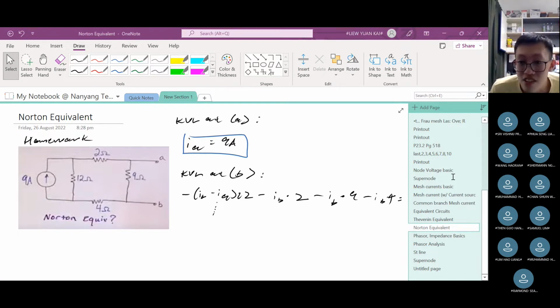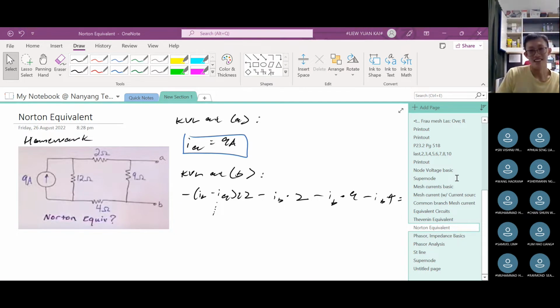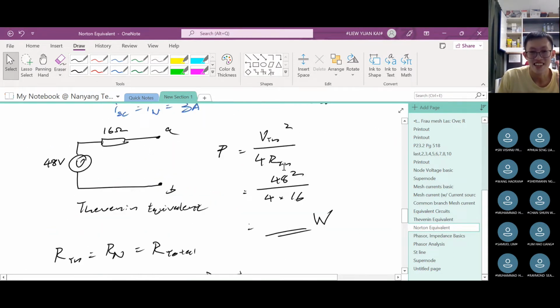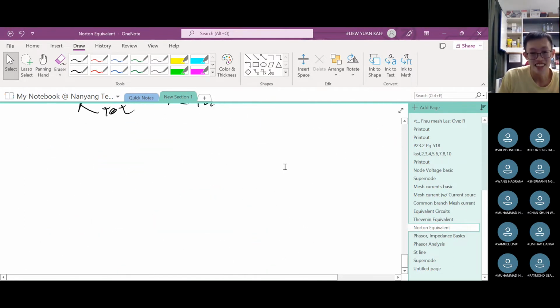So if we are asked to find the Norton, do we find the Thevenin first? Yeah. Actually, while you are executing the 3 steps, those 3 steps will inherently have the answers for the Norton equivalent. Okay, let me recap the 3 steps.